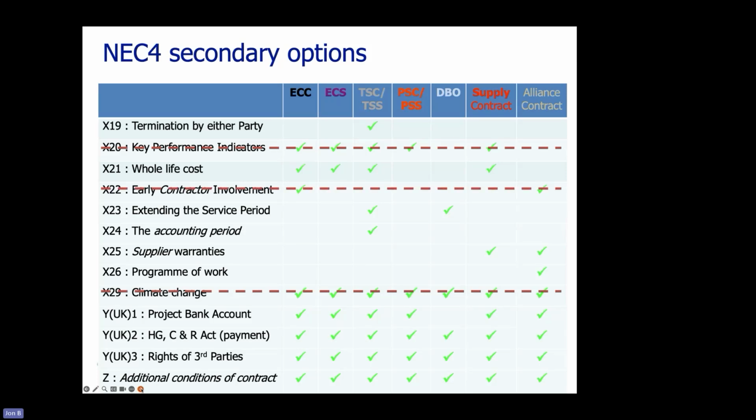Yes, early contractor involvement, which we've done quite a while previously. This is two forms. The one where you have stage one on a cost reimbursable contract, and then it becomes a target cost contract, or where you have stage one on a cost reimbursable contract as the other version, and then it leads into a cost reimbursable contract.